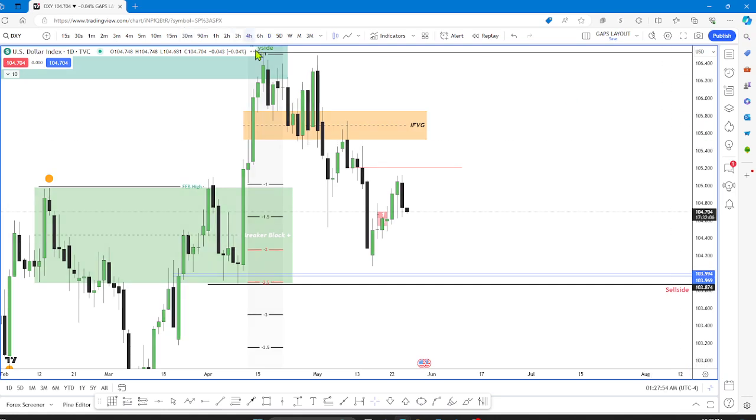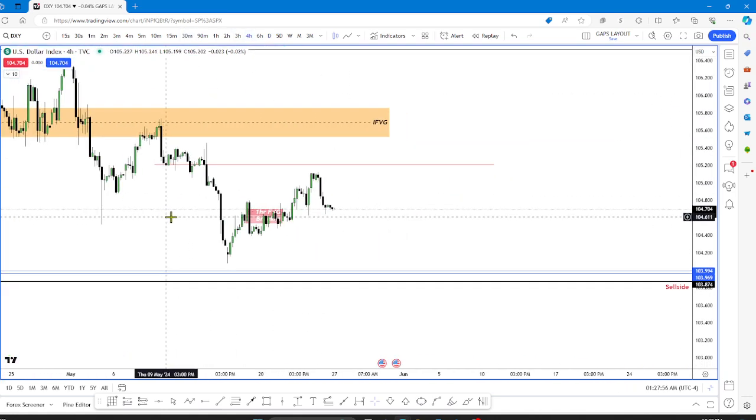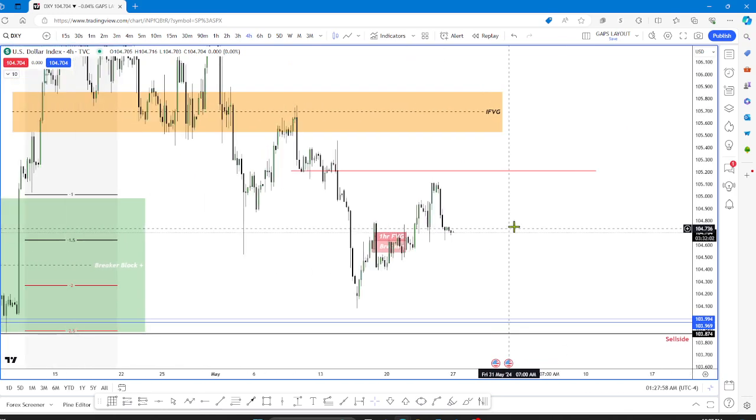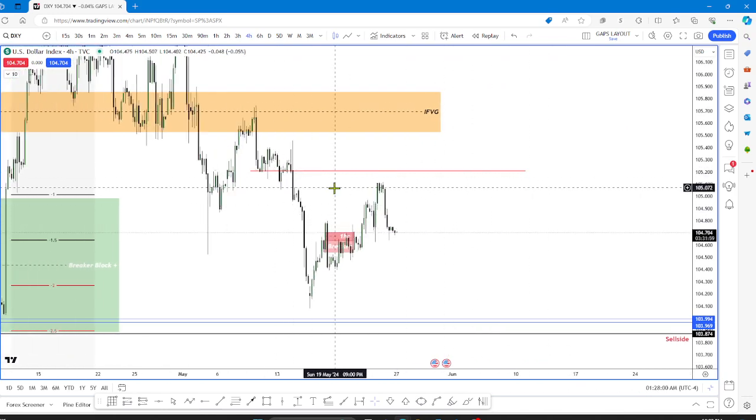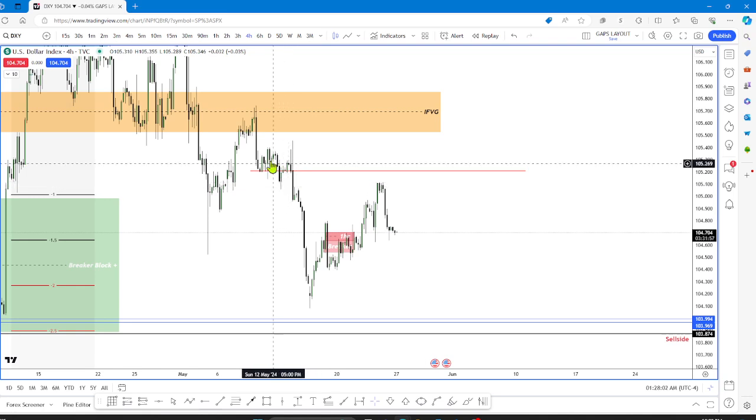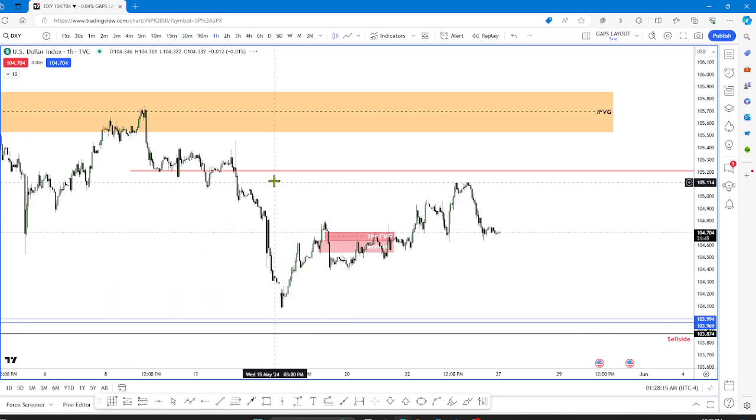Okay, we come down to the 4 hour. We can see this in here. So maybe back up in the air above these highs into this 4 hour gap in here, 4 hour order block in there. Let's go to the 1 hour. We have this high, low, higher high.